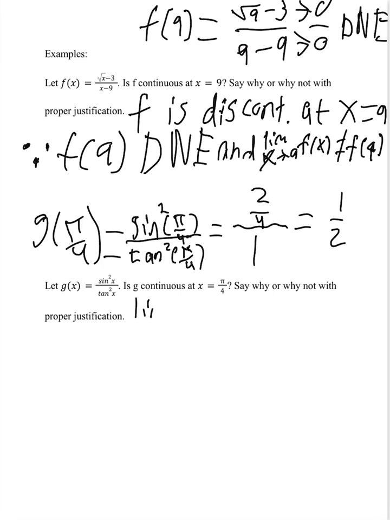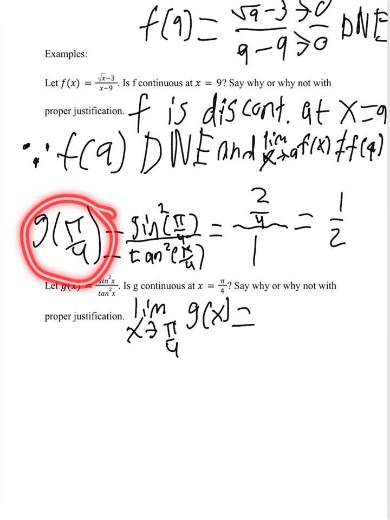So now we're going to find the limit as x goes to pi over 4 of g of x. There are no real discontinuities at pi over 4. I mean, we just plugged it in, so we can also say the limit is 1/2 because there are no discontinuities at pi over 4.